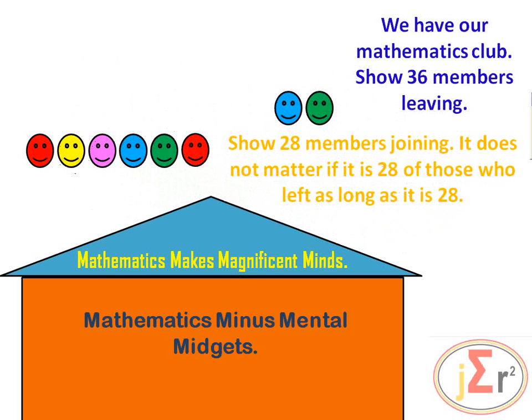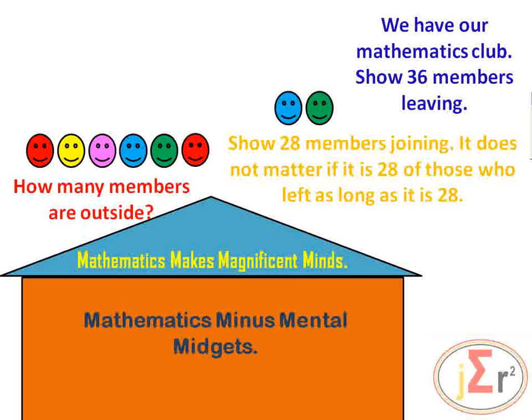Our question is, effectively, how many members left the club? So how many members are outside of the club now, Jerry? 8. 8. Maybe Jerry did not count them, or he counted them a long time ago. But because of the nature of the problem, and Jerry was very sharp with his arithmetic, he is just looking at it and saying, well, it's the same 8 that we had before.